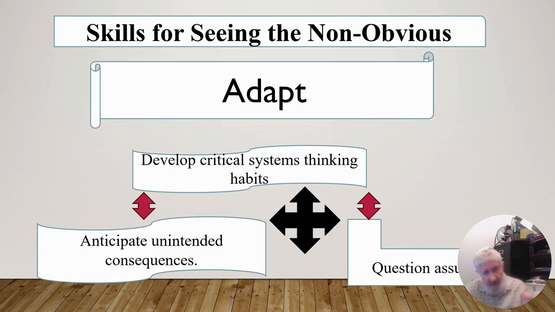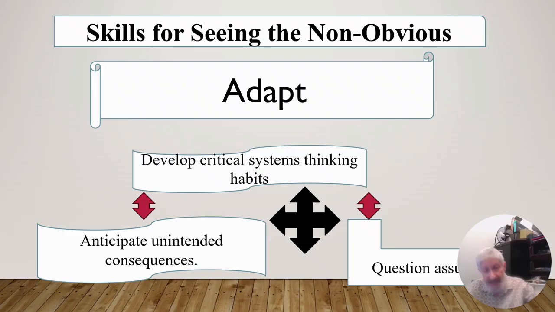So what do I mean by develop critical thinking, critical systems thinking habits? Well, I've got handouts that I can send to you about what are everyday systems thinking skills that you can use in your personal life.